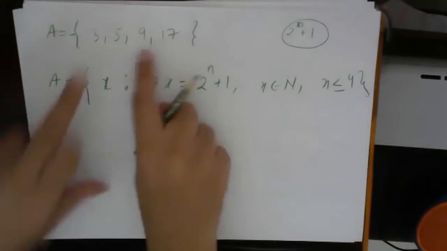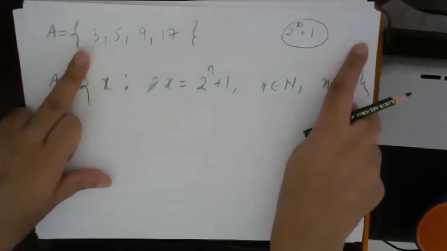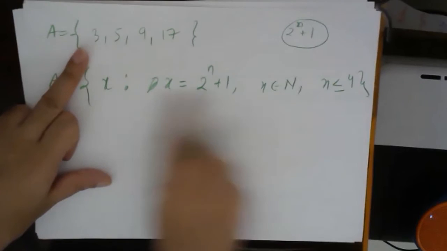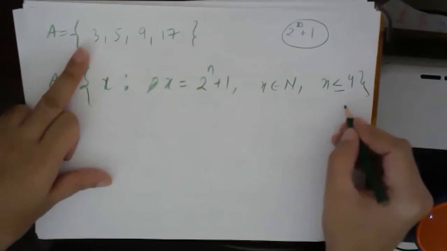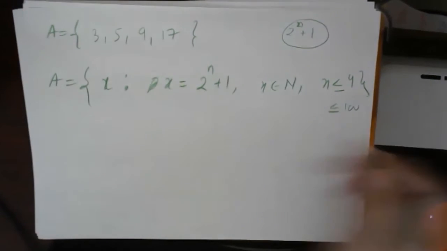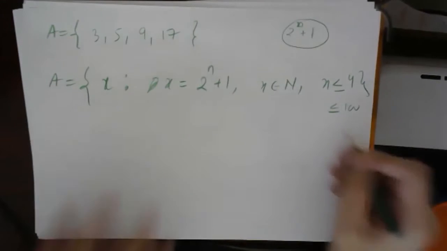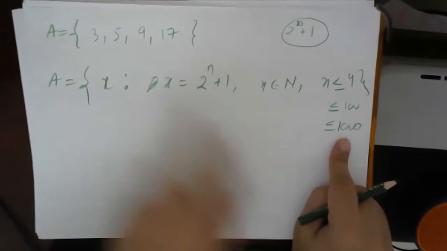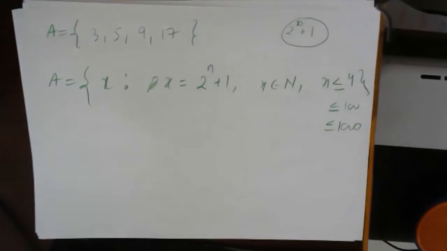And why? Because suppose instead of 17 I had 100 numbers here. I cannot write 100 numbers, but I can simply write that n should be less than or equal to 100. Suppose there were 1000, then I can simply write 1000. So this is easier for me to represent, and this is much more difficult.